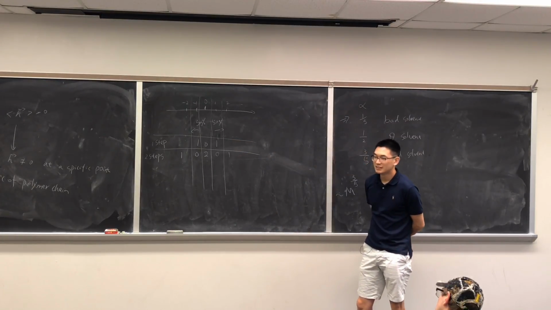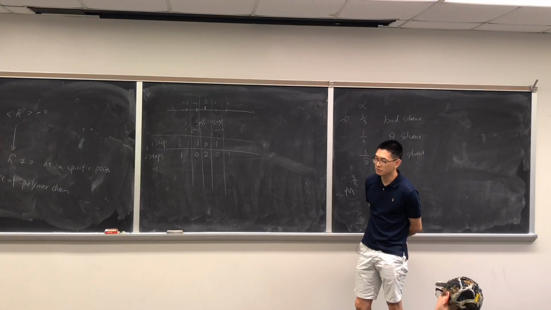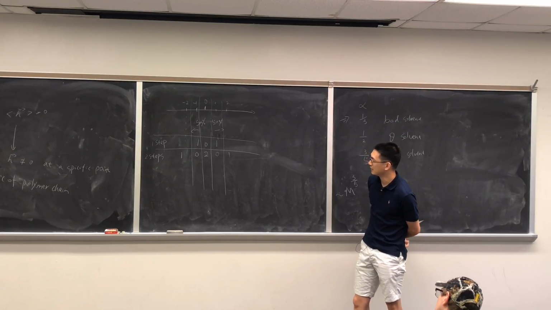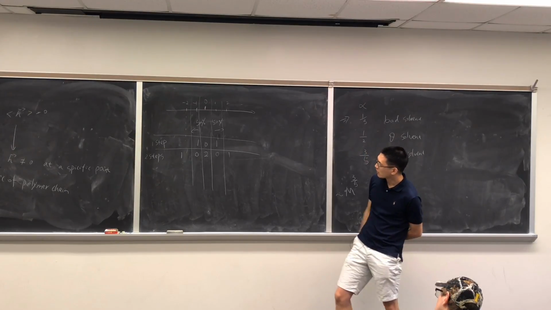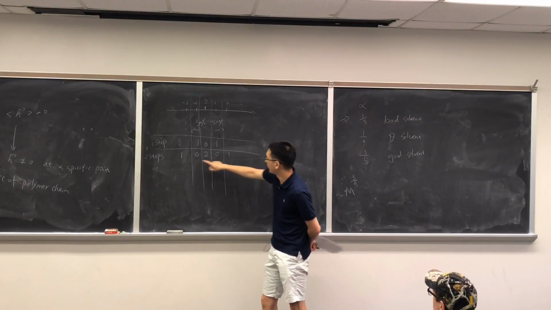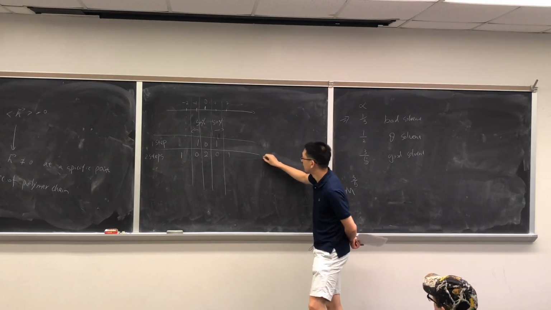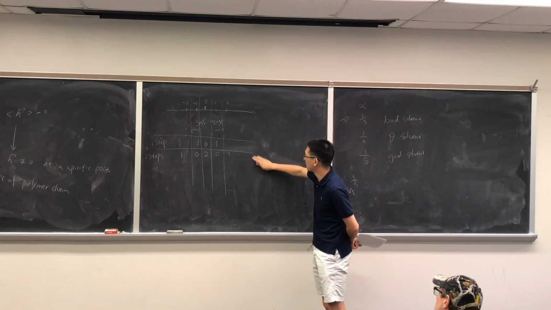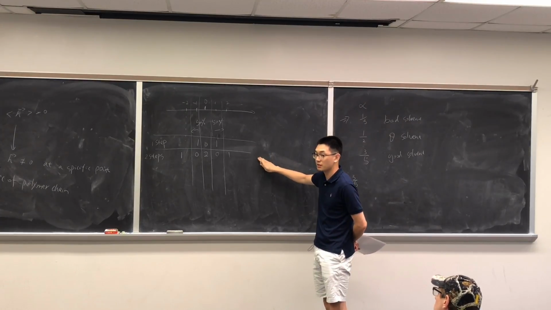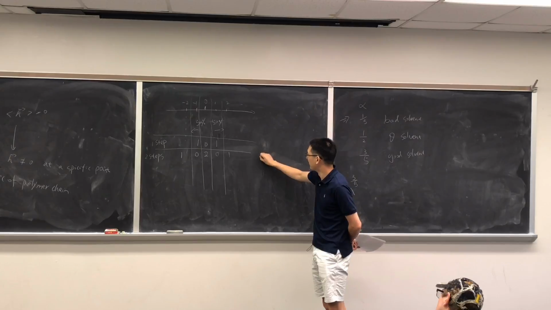So you can now do the probability by using this chart. You can add everything together. There's a total of how many chances you can be, or how many randomness you can be. It's 4, right?